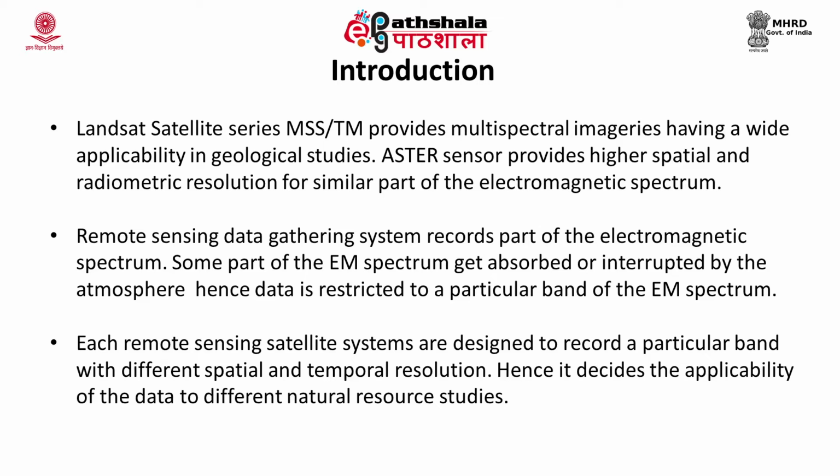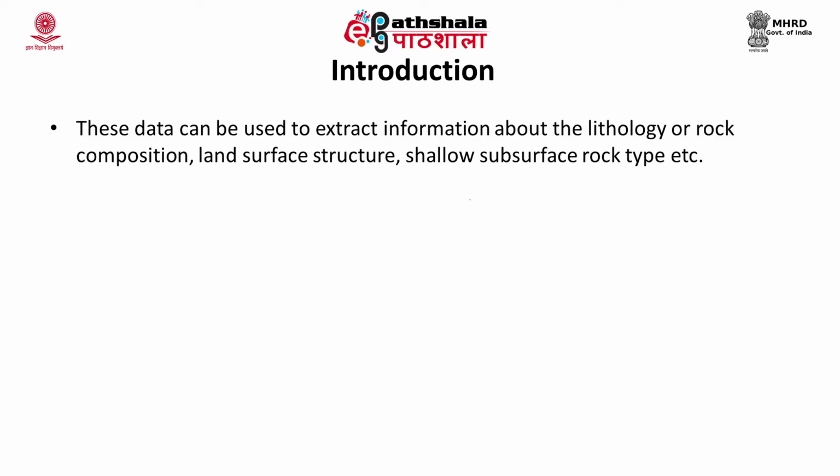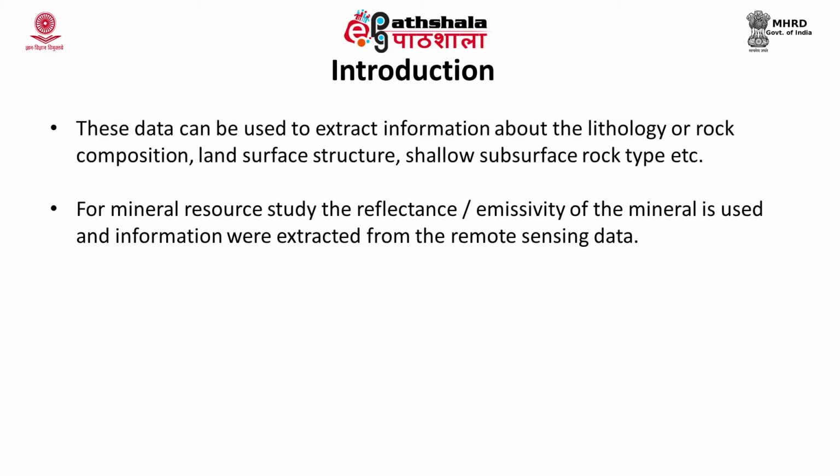Hence, it decides the applicability of the data to different natural resource studies. These data can be used to extract information about the lithology, rock composition, land surface structure, shallow subsurface rock types, etc.